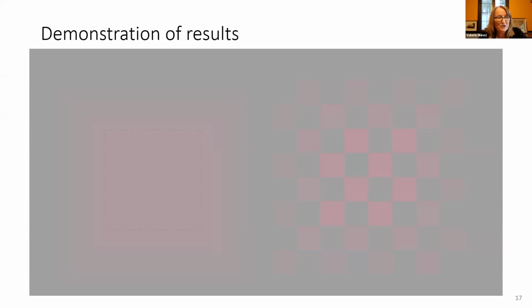Here, both images have the same spatially averaged cone contrast. The dashed lines on the left indicate a central color square which fades to the background. On the right, we have a central colored checkerboard that also fades into the background.